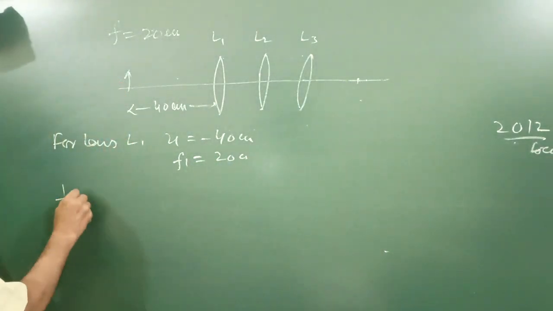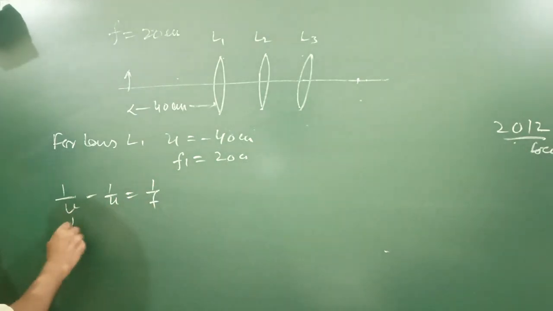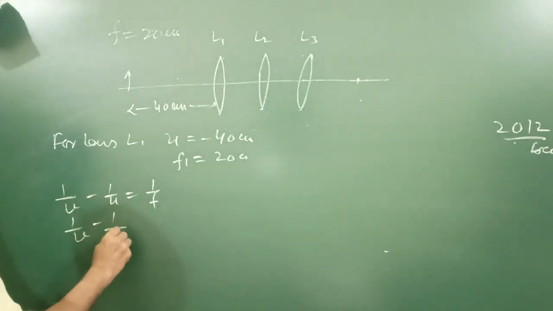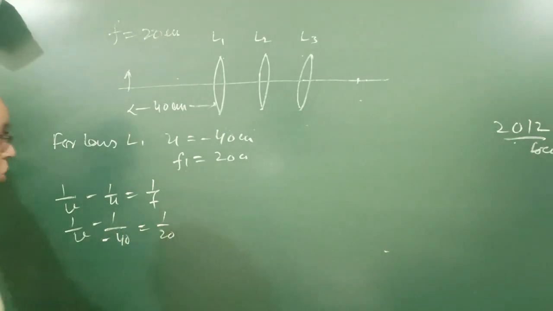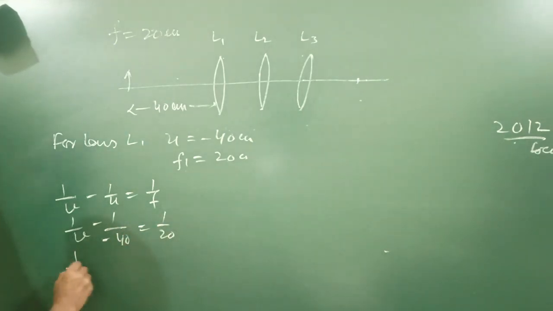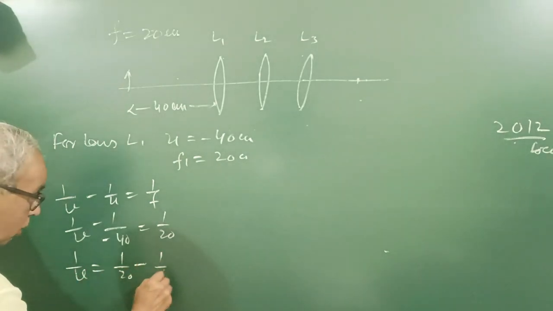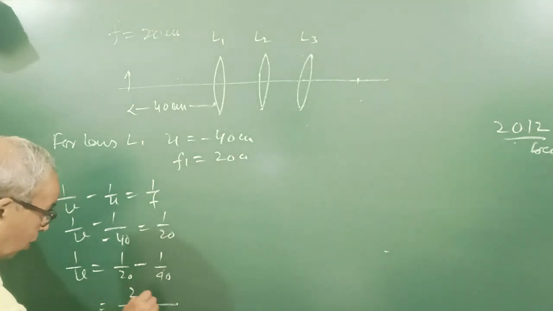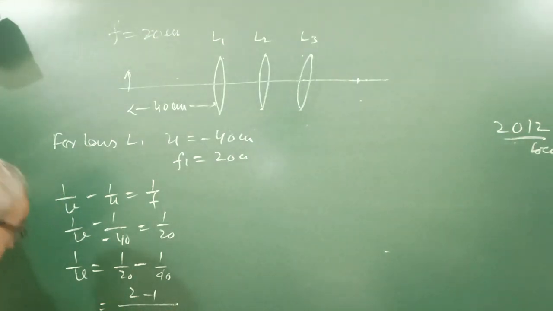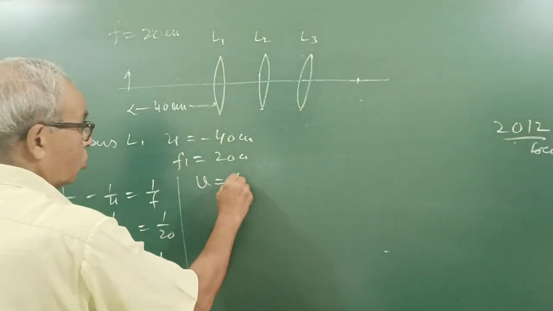But using the lens equation, 1 upon v minus 1 upon u equal to 1 upon f. 1 upon v minus 1 upon minus 40 equal to 1 by 20. So 1 upon v equal to 1 by 20 minus 1 upon 40. LCM 40, 2 minus 1. So v equal to 40 centimeter.